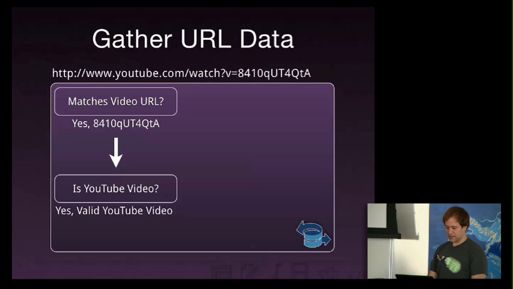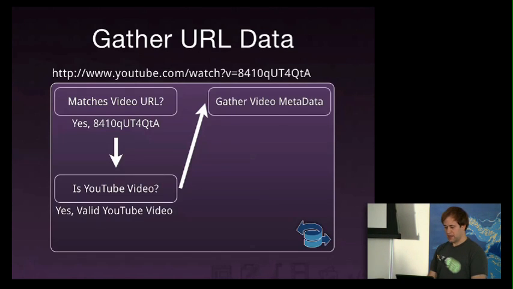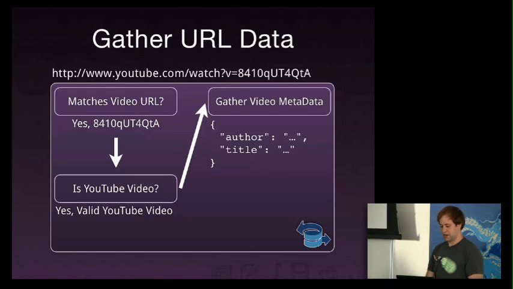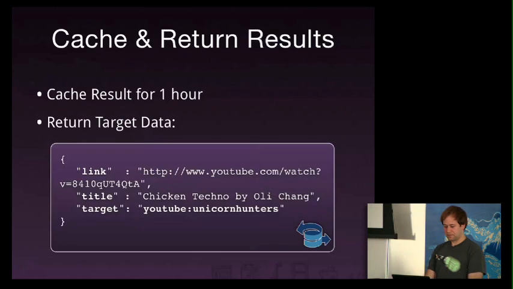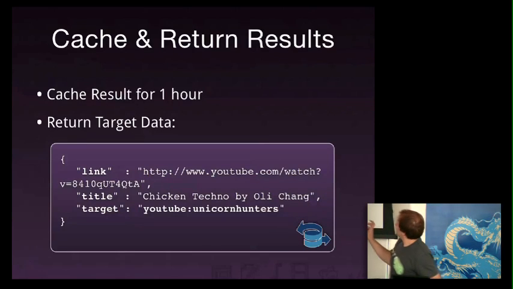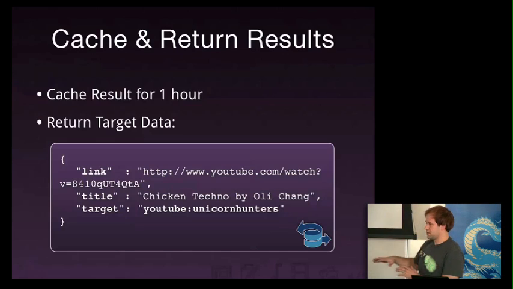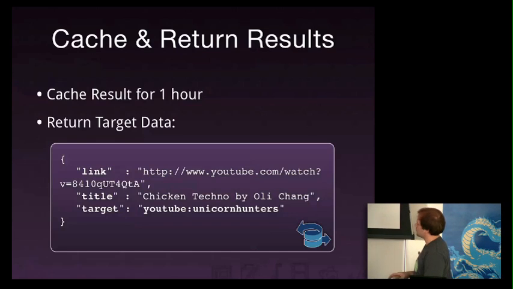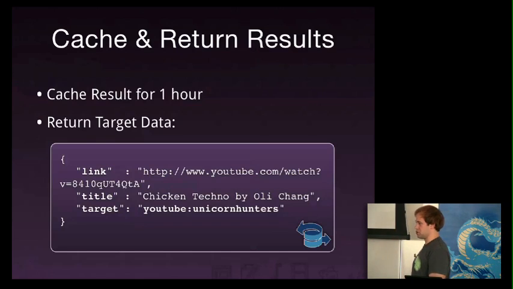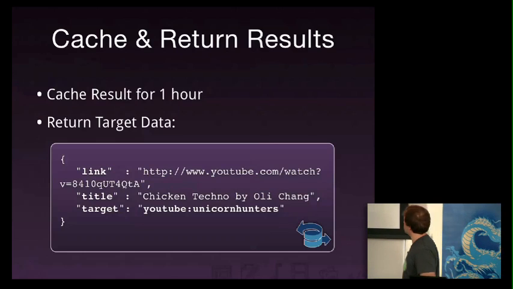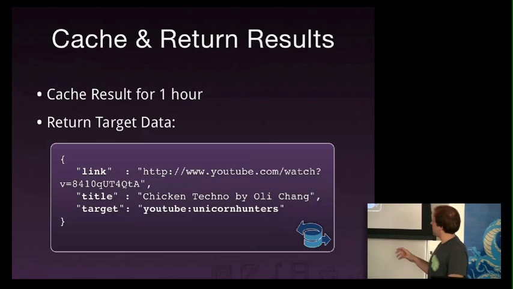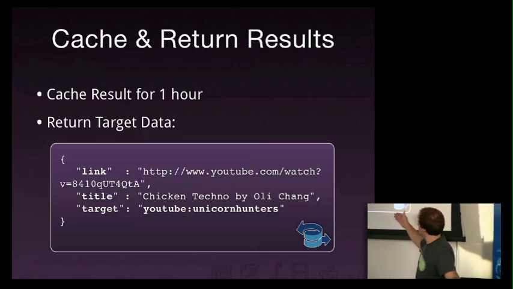Once we do that, we realize that it's a valid video URL, and we can pull out this title and author data and have it conveniently to pass back to our server. Right now we're just caching these results, and I'll get to later how we're caching things in YQL and how you can control how aggressively YQL caches your results. We're caching it for an hour, and then we're returning this data to our server.